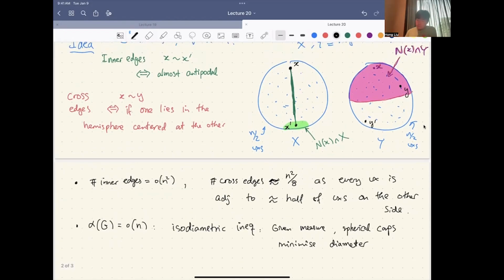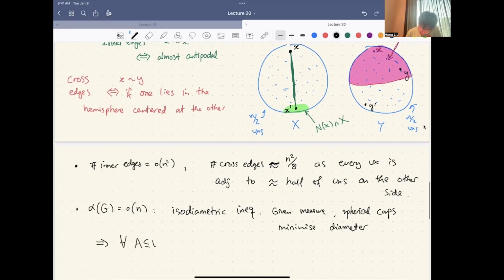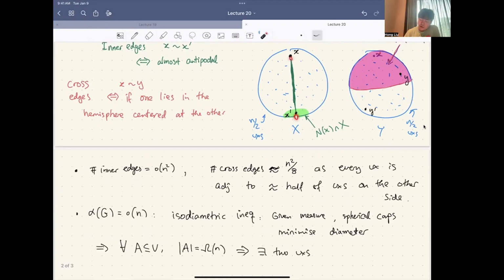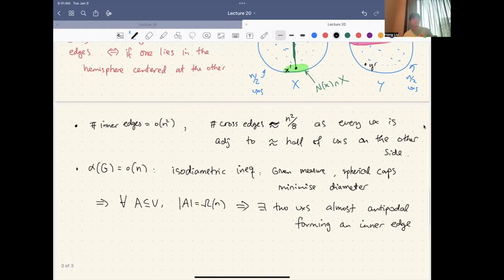What it means is that for any set A of linear size, we can for sure find two vertices, which correspond to two points on the sphere that are almost antipodal, almost at the opposite position, which then implies an edge. So the independence number is sublinear.